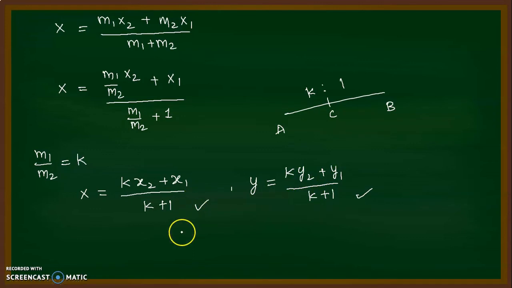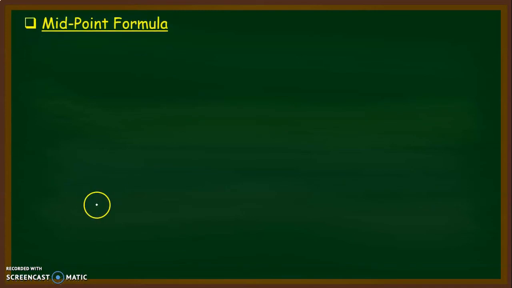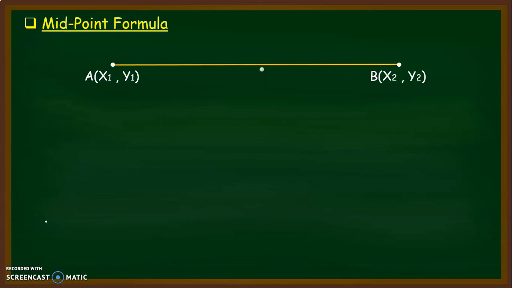Now see another formula that is derived from the section formula. That formula is known as the midpoint formula. Suppose we have 2 points, point A and point B, and the line joining these 2 points is divided by point C into 2 equal parts.